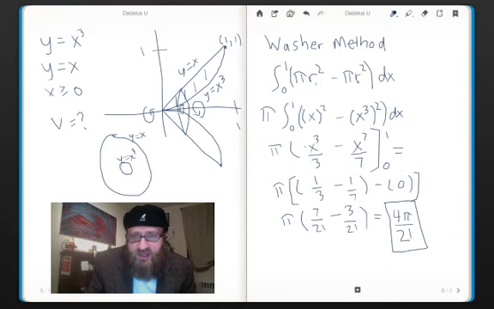Which is indeed the volume, we'll put that back here, of the solid generated by rotating the area bounded by the curves y equals x and y equals x cubed around the x-axis.